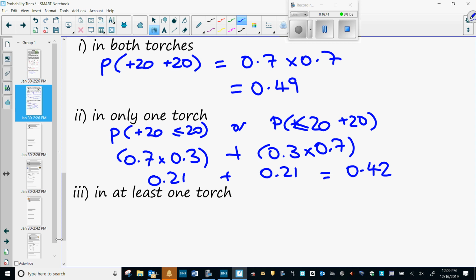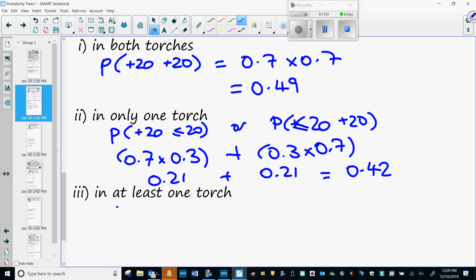So this was the probability of both torches. Okay. So you can just add these two answers together.